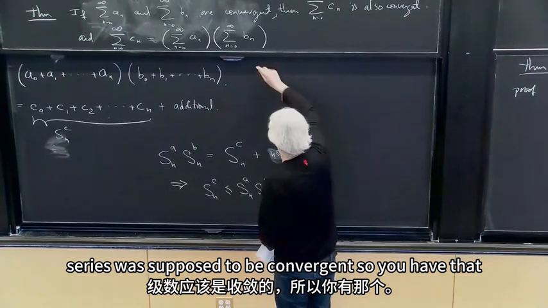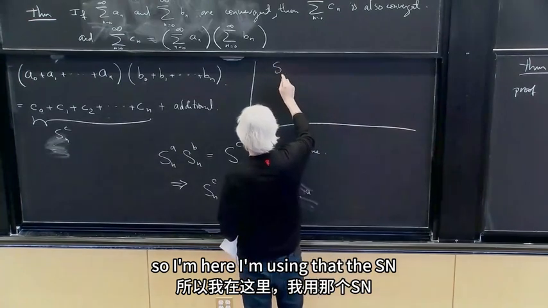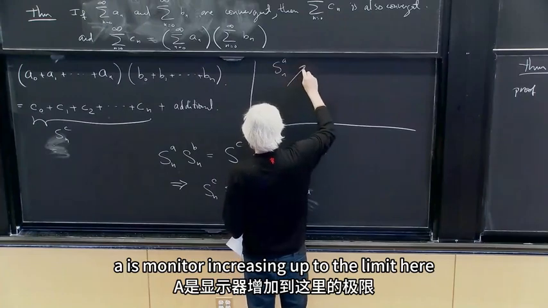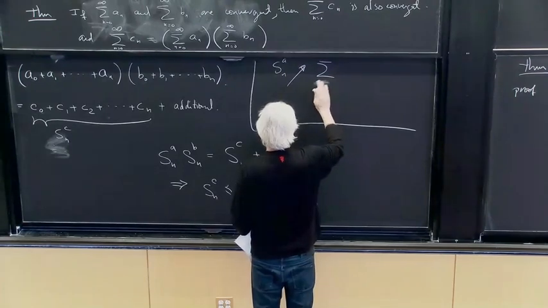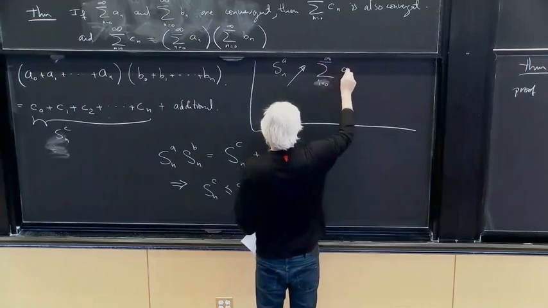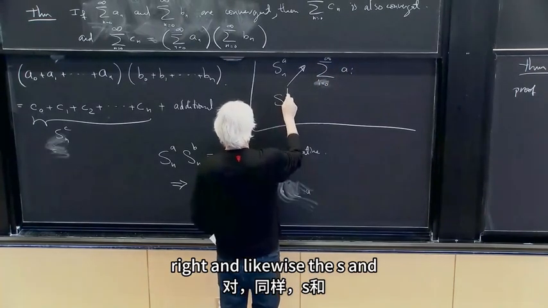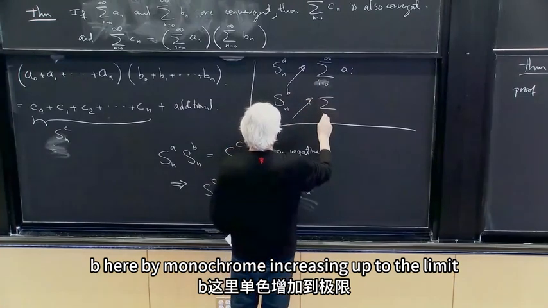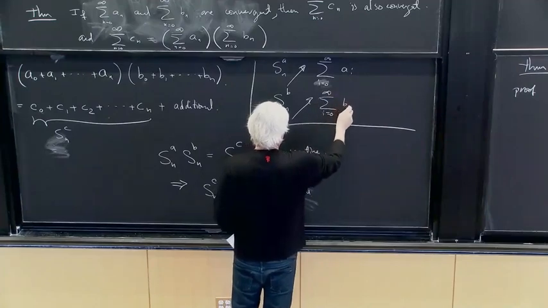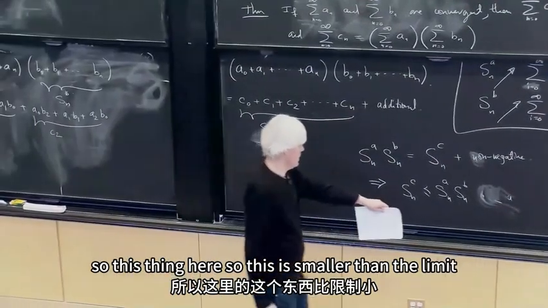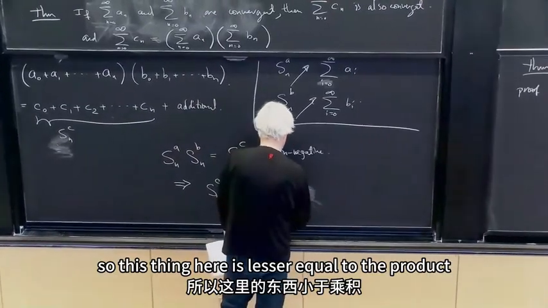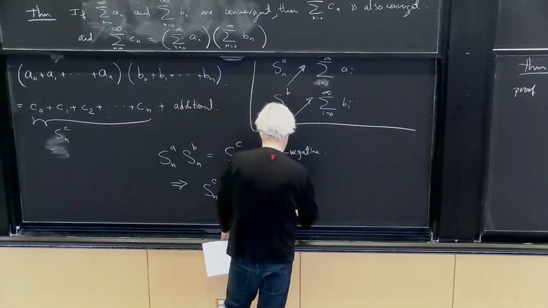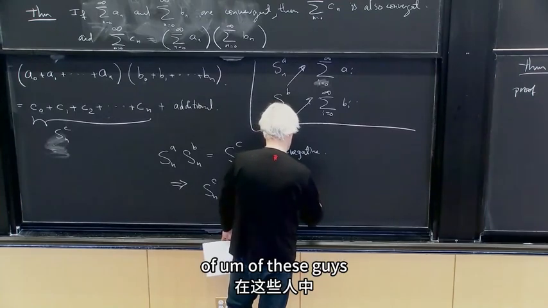Here I'm using that the SNA is monotone increasing up to the limit, and likewise the SNBs were monotone increasing up to the limit. So this thing here is smaller than the product of the limits of these guys.